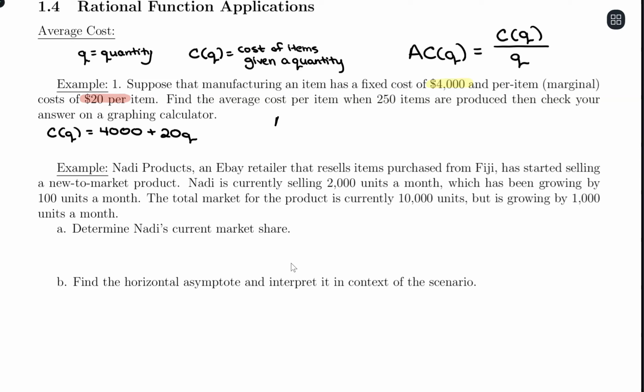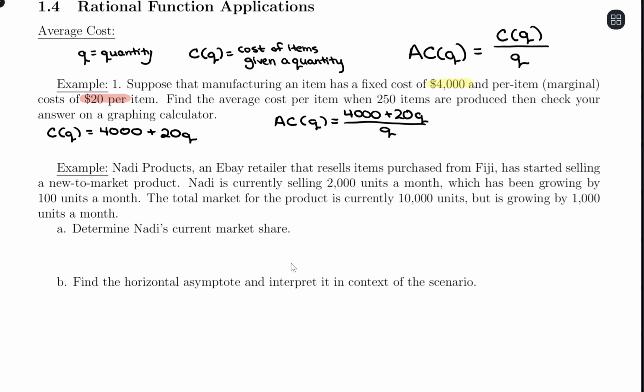So if we're finding average cost, let's make a general function first. So the average cost given some quantity, we would take that 4,000 plus 20 times Q, and we're dividing it by Q. And we have ways of simplifying that, but let's just leave it in that form.